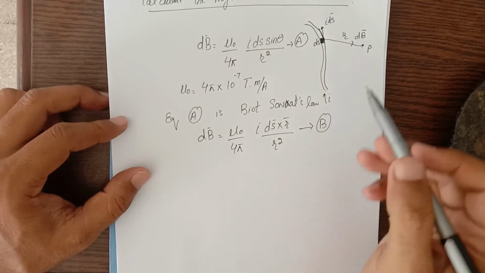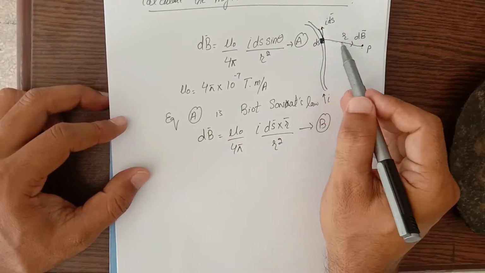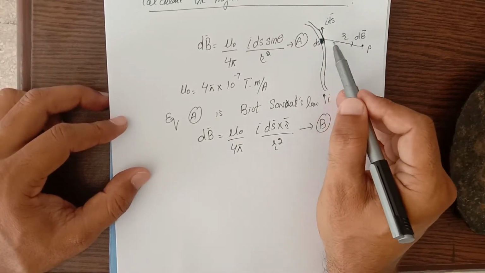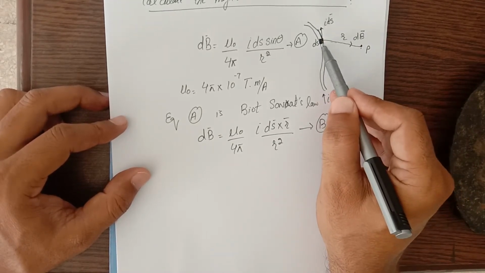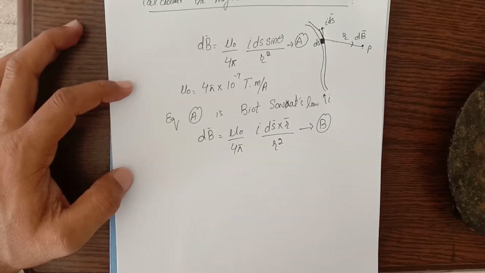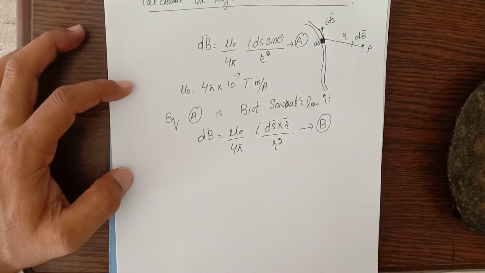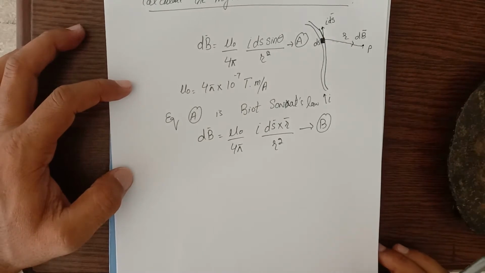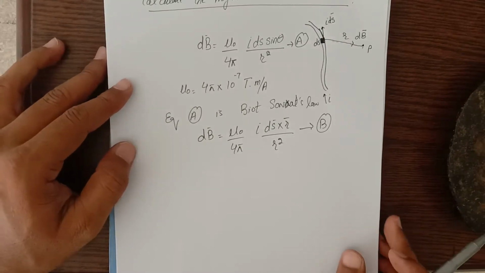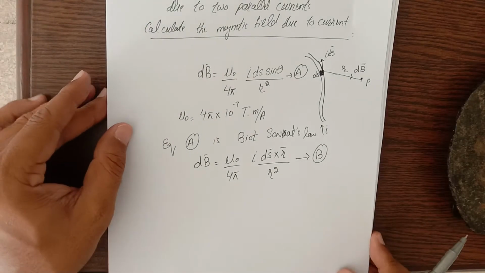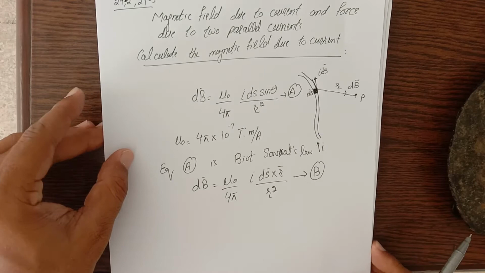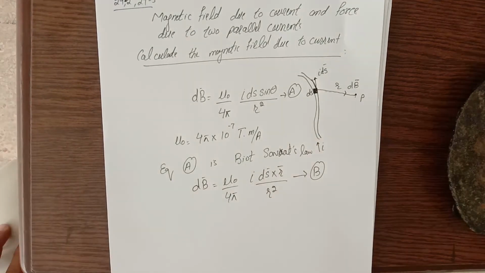This r unit vector would be directed along this direction, right, as this is due to this radial distance between point P and the element ds. So this is our Biot-Savart law, and Biot-Savart law could be of great use for calculating the magnetic field due to different current elements, right? And we would see with an example how it can be used to solve different systems.